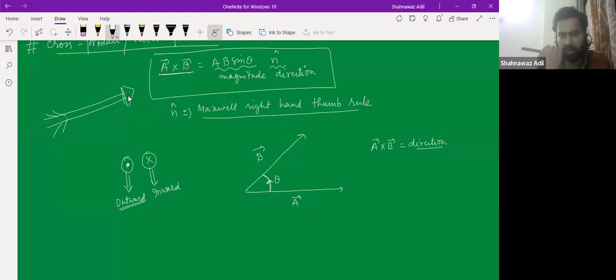So if this arrow comes towards you, then what would be the thing that you will see? Will you see this dot or will you see this cross? If the arrow is coming towards you, what will you see? It's cross. Okay, so you will see the cross.